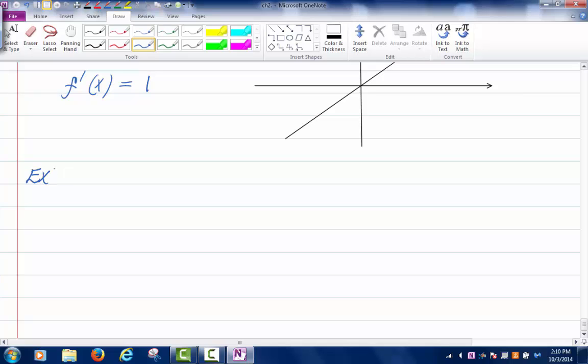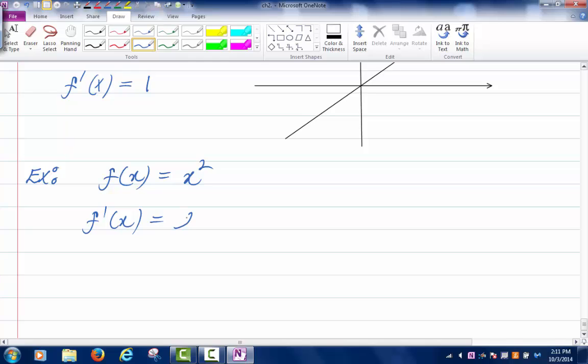Let's look at f of x equals x squared. What's the derivative of this function? Well, this time it's a parabola, so I cannot really say what the slope is by what we did before.